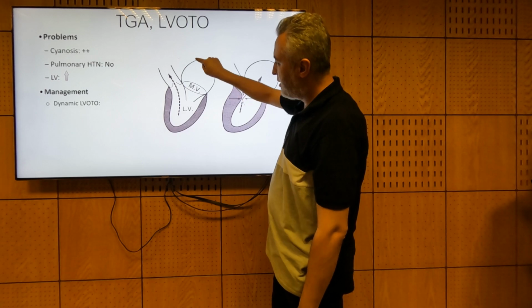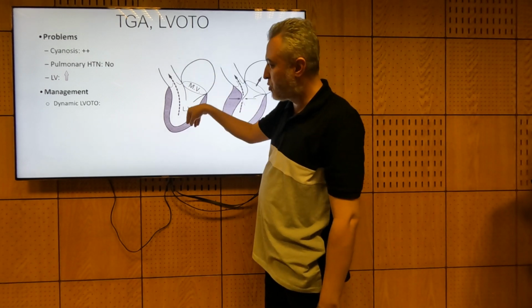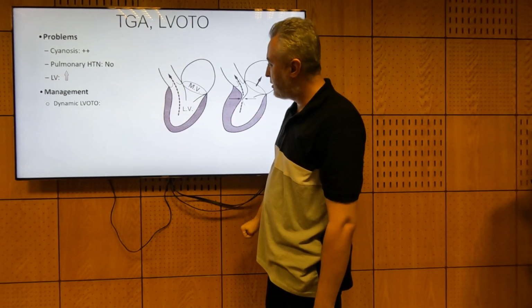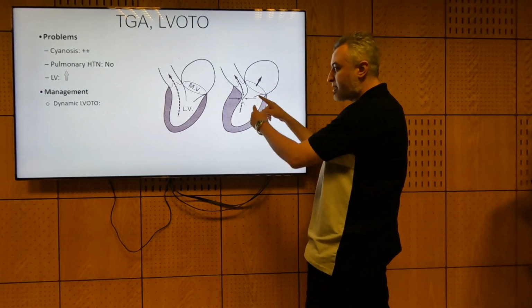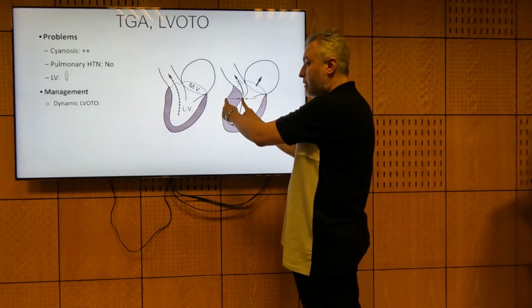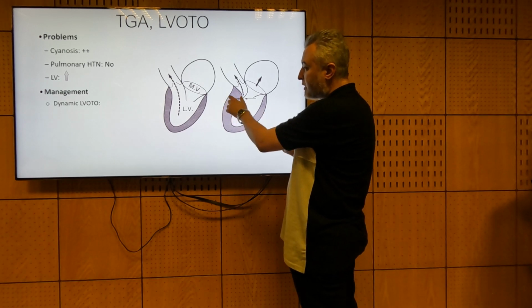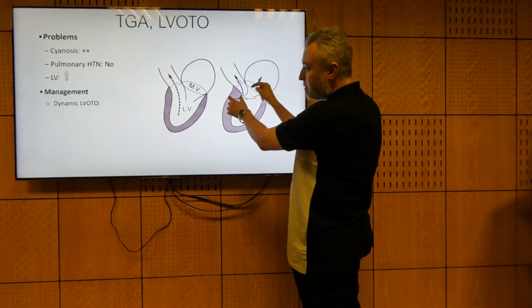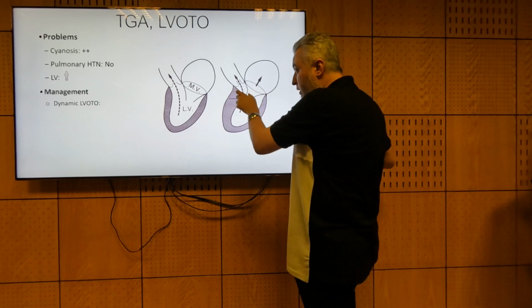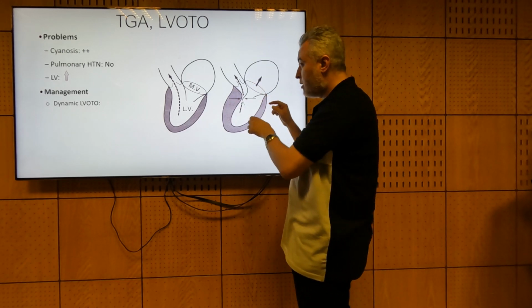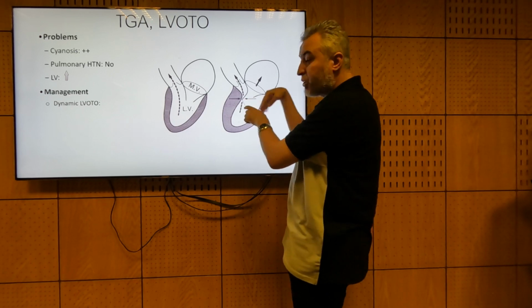So left atrium, left ventricle, aorta, so blood is going unobstructed. And then in hypertrophic obstructive cardiomyopathy, the septum is very thick, and so the interventricular septum comes quite near to the anterior mitral leaflet. The blood going in between in systole causes a Venturi effect.